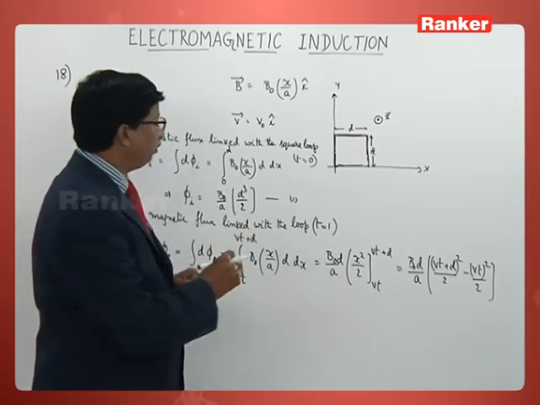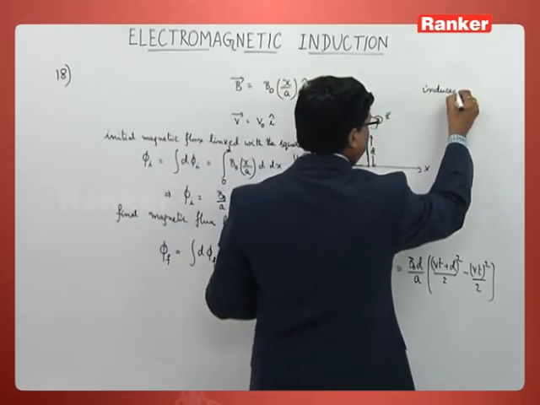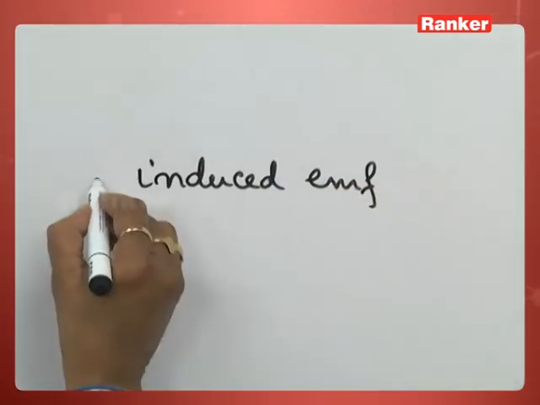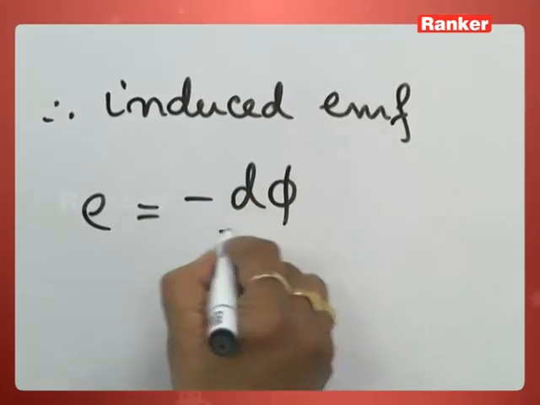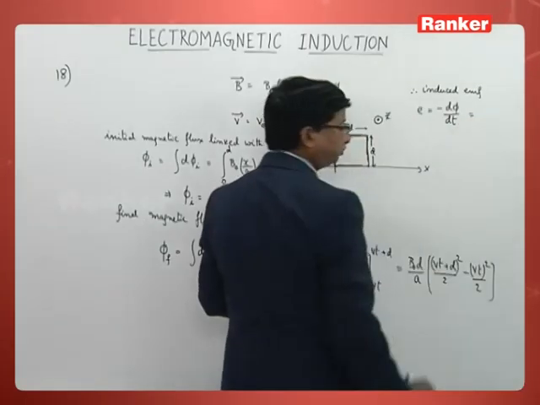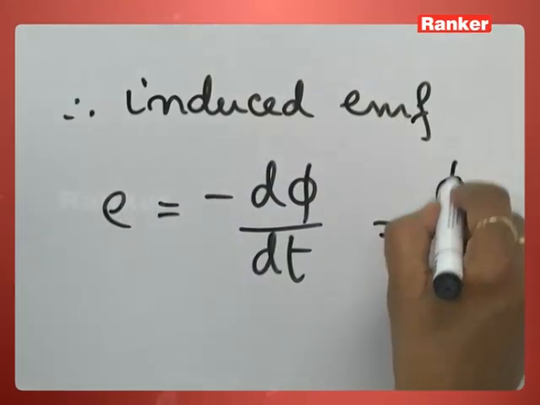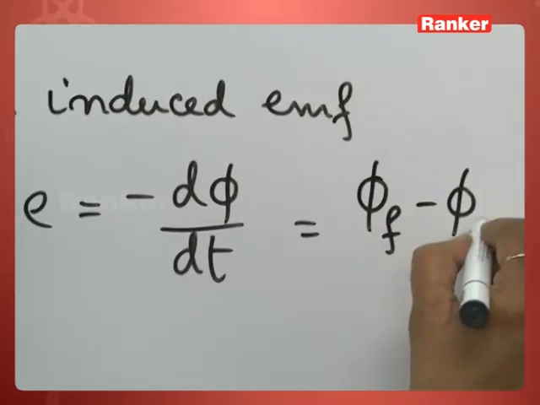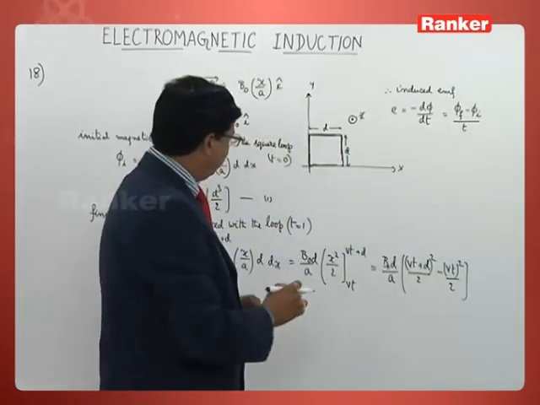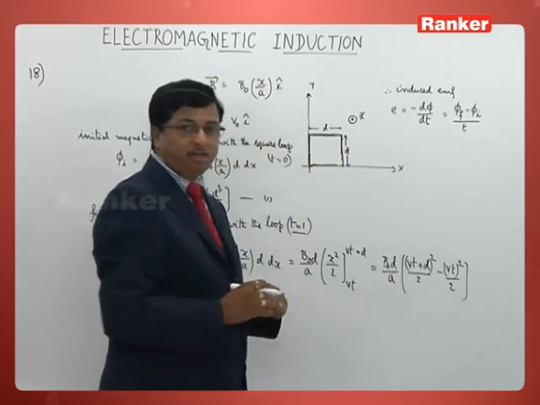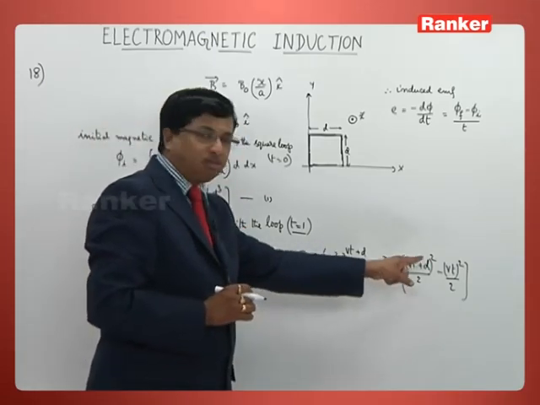So ultimately we can say the induced value of EMF. Induced EMF is nothing other than minus d phi by dt. In other words, I can write the same this way: phi final minus phi initial by t. What is that time to be taken here? 1 second. And even here also you can put the value of t as 1.